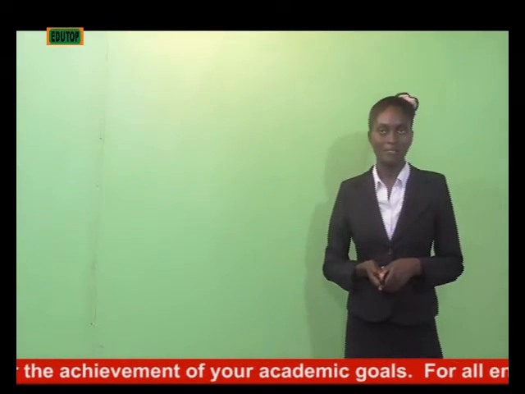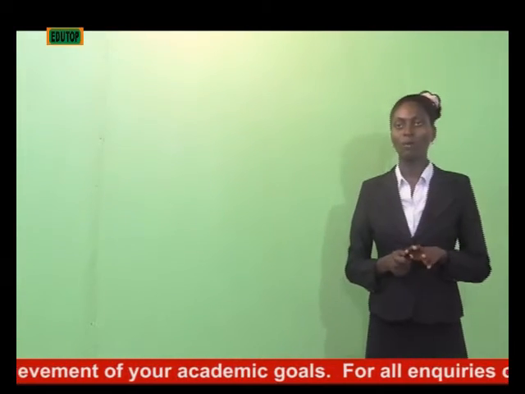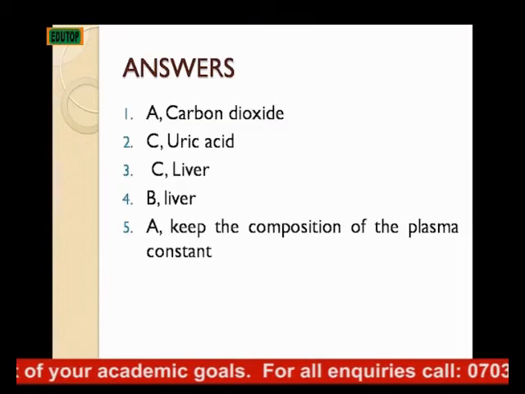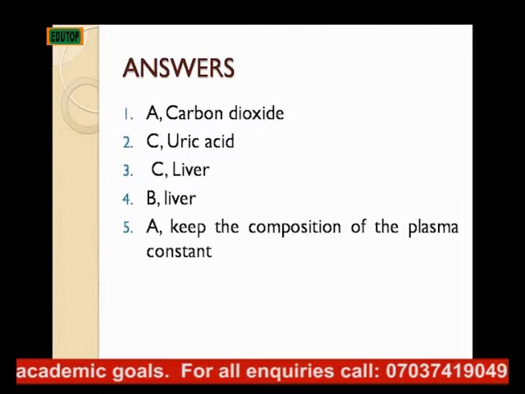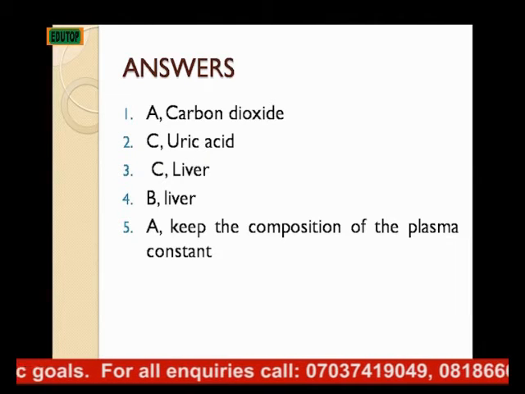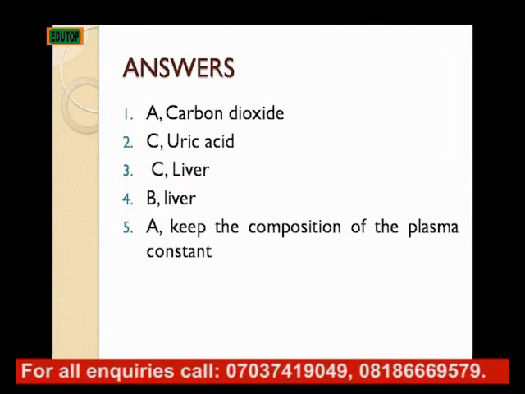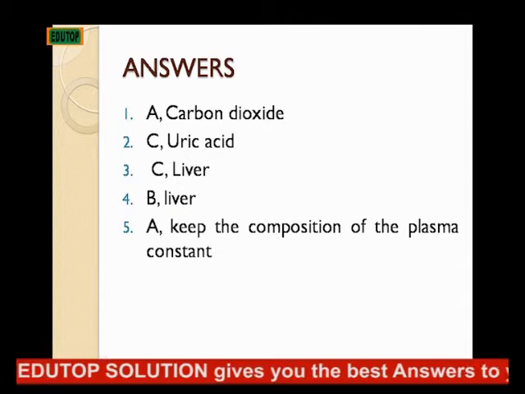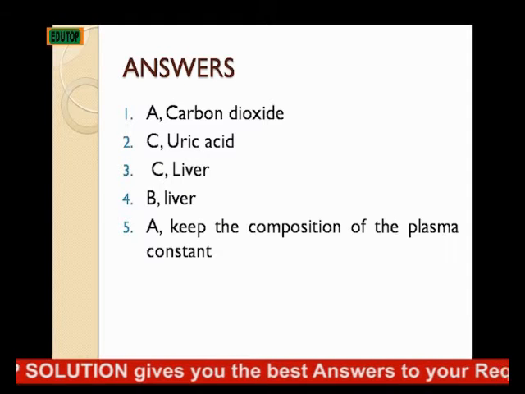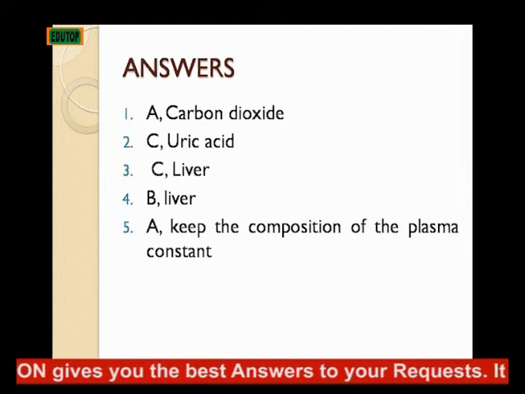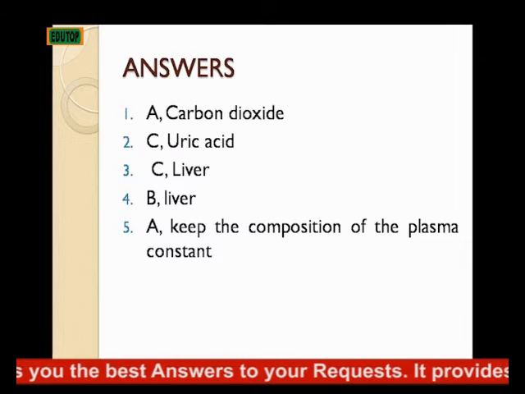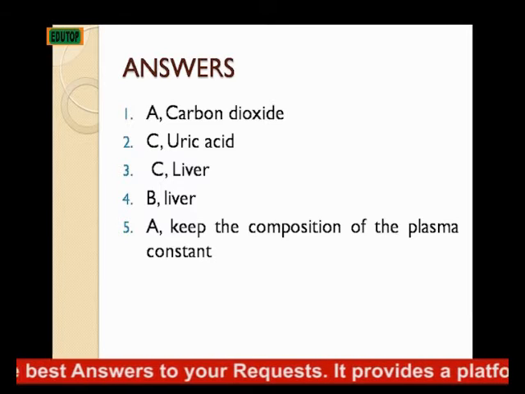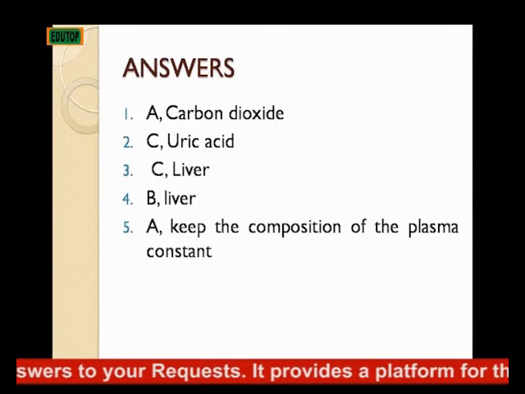So the answer to number 1 question is A. Carbon dioxide. Carbon dioxide is excreted through the stomata and the lenticels. Then number 2, the answer is C. Uric acid. Uric acid is the nitrogenous substance that is excreted by birds in order to conserve water. Then number 3, the answer is C. Liver.